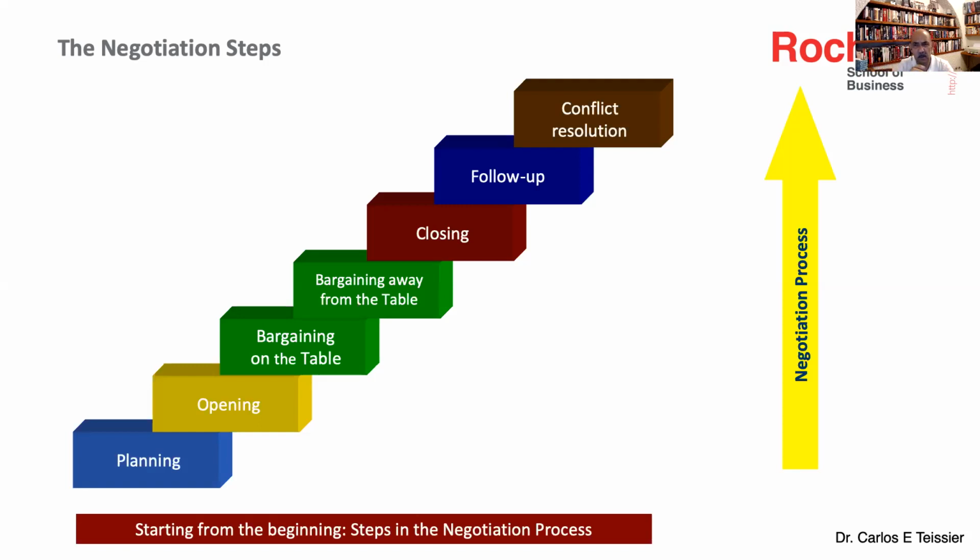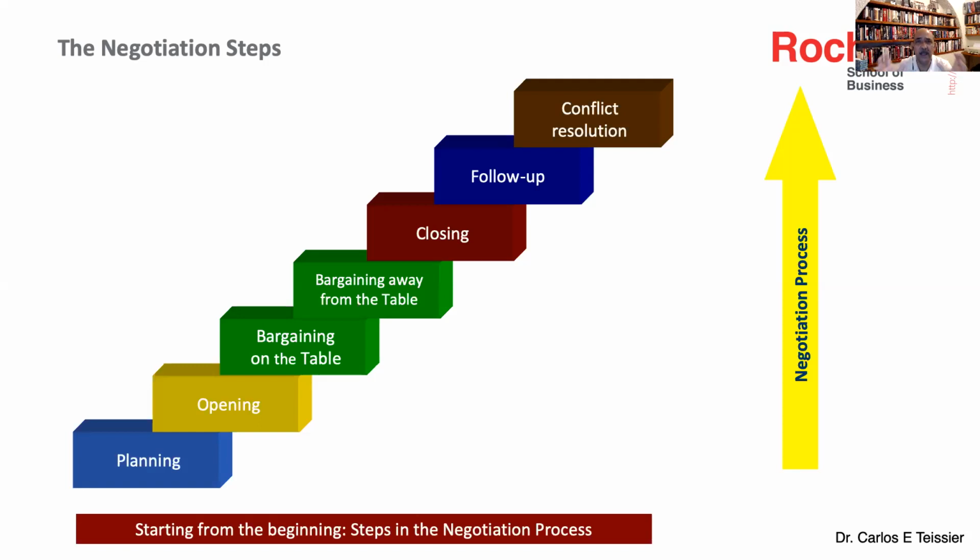The follow-up includes some of the elements we're going to mention later on. And then that's where we stop, and then we say, now the negotiation is over. Not yet. We still have to include, as one of the crucial parts of the negotiation, conflict resolution. We always say, in case conflict arises, well, you can be sure about it.